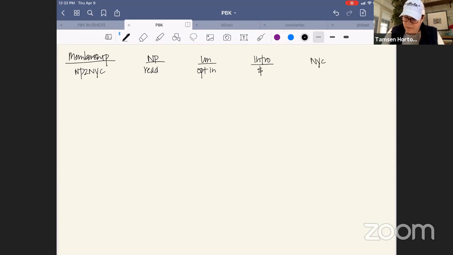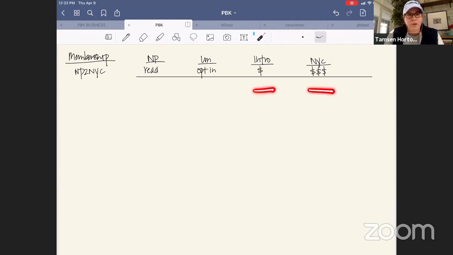And New York City, which is typically your higher dollar. So if I'm looking at this, because it has to be part of the business model, is the membership here or is the membership here for you guys? It's not really anywhere just yet. Okay, so let's walk through putting it in both places.